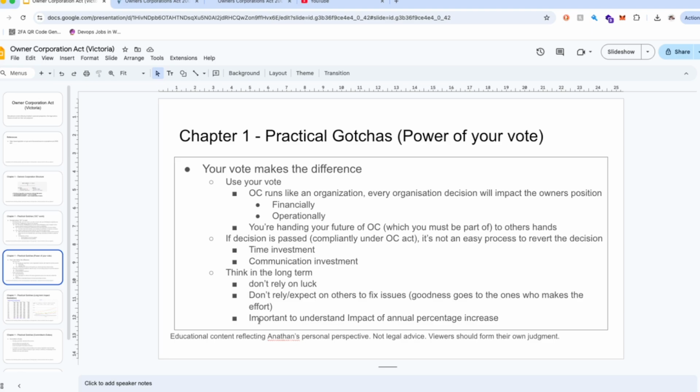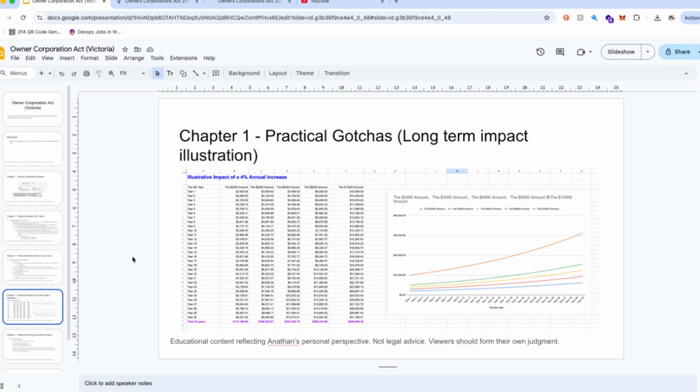And it's important to understand the impact of annual percentage increase, which I will show in the next slide. So this is an illustration of the long-term impact of percentage increase.